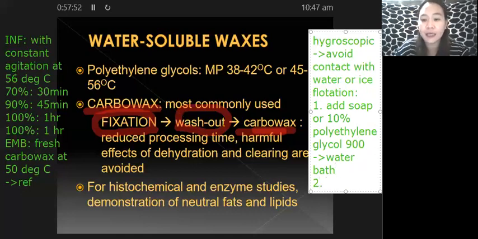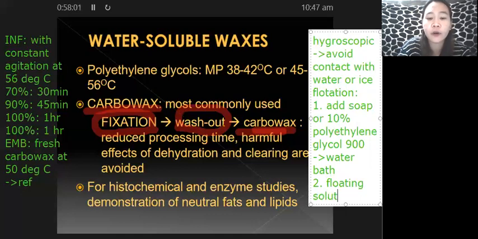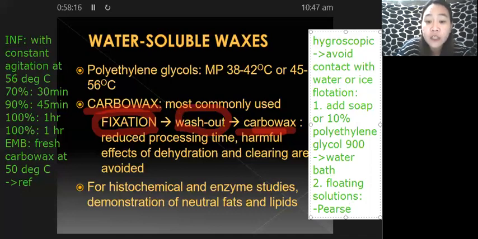Another remedy is, of course, you can make use of your floating solutions. That means you don't use water in your water bath. Instead of water, you make use of the floating solutions. There are two floating solutions that we can use: your Pierce solution, and the other one is your Blanc and McCarthy.